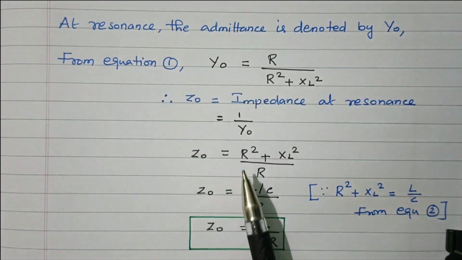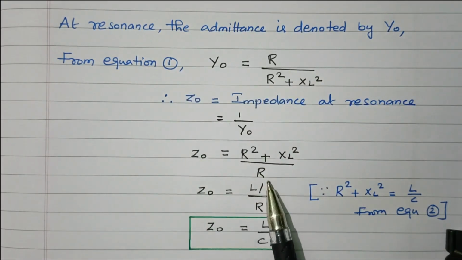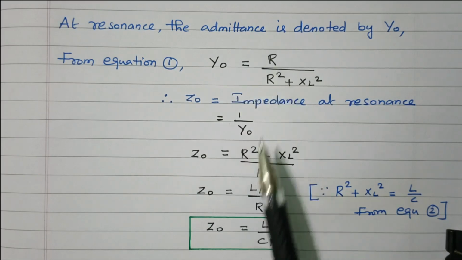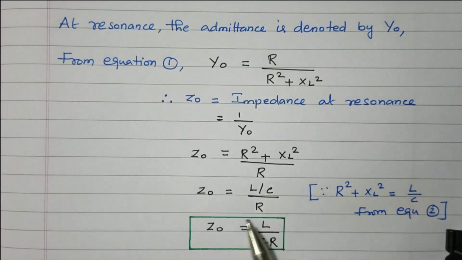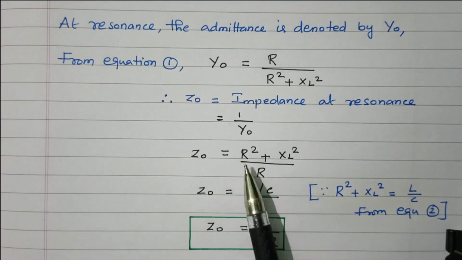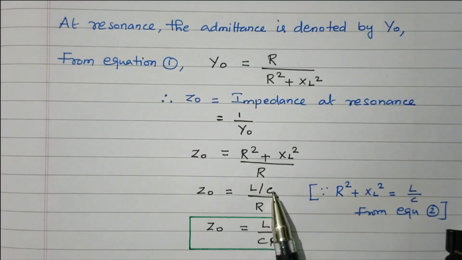So 1 by Y naught means R square plus XL square divided by R. But this R square plus XL square equals L by C from equation number 2. So this term is replaced by L by C, and R goes to the denominator. So L divided by CR. The impedance at resonance Z naught equals L by CR.